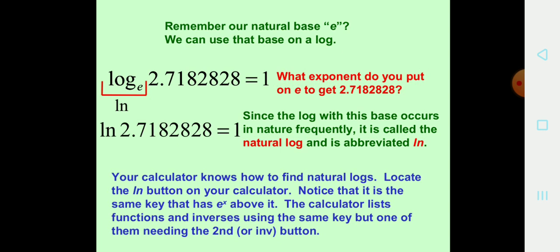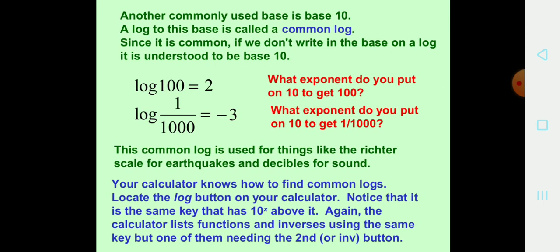Locate the ln button on your calculator. Notice that it is the same key that has e to the x above it. The calculator lists functions and inverses using the same key, but one of them needs the second or inverse button.